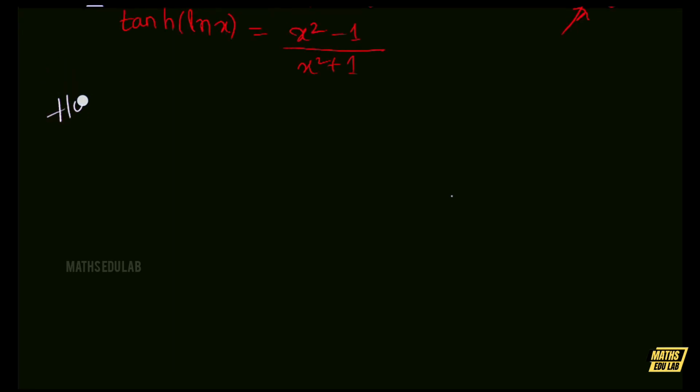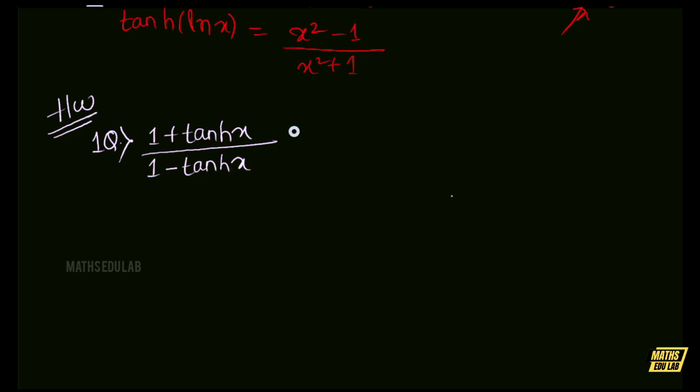So the homework questions are, the first one is 1 plus tan hyperbolic x upon 1 minus tan hyperbolic x will be equal to e to the power of 2x.